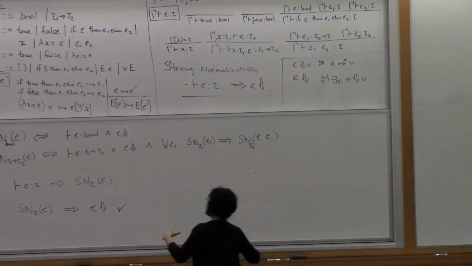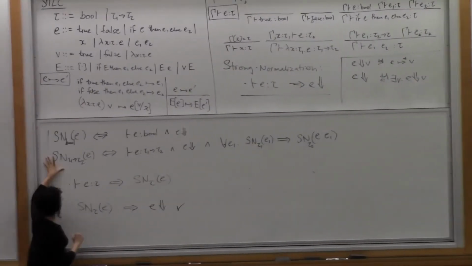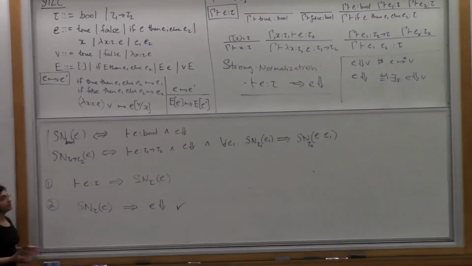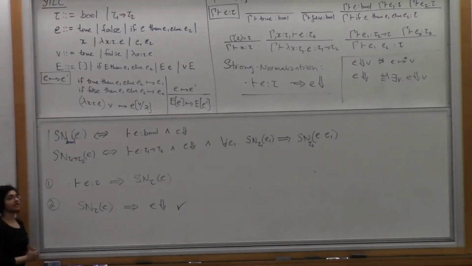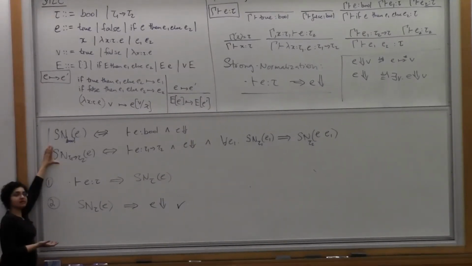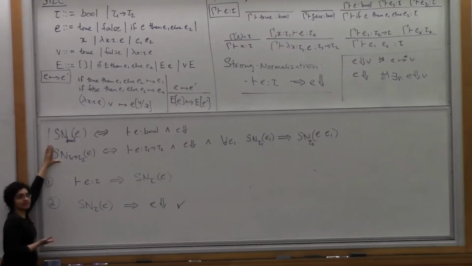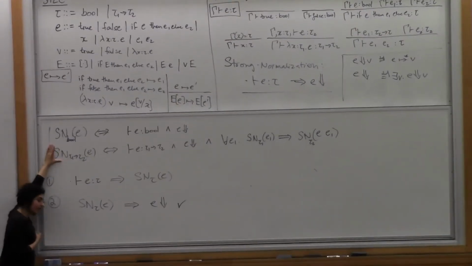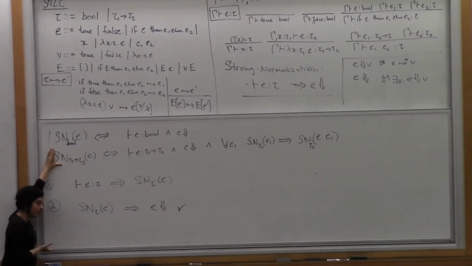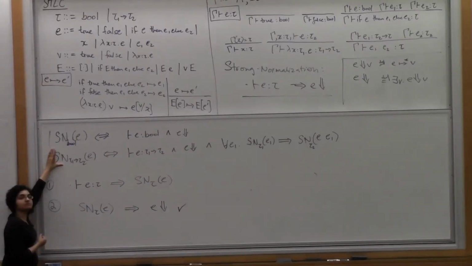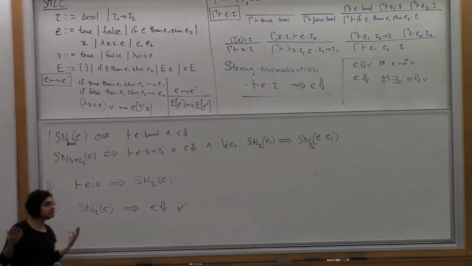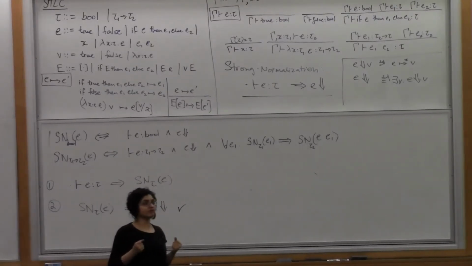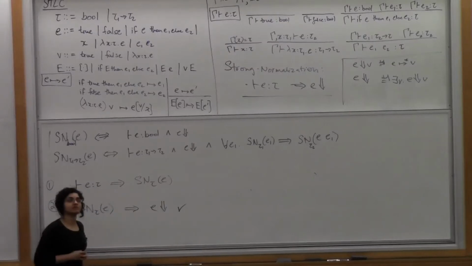Okay, so let me try to get us out of that. If you think about it in a semantic sense, I'm building a set or a model, right? I'm calling it the set Sn. And I want that set to be inhabited by all terms that terminate. Essentially, that's the semantics for now of what the set Sn is.